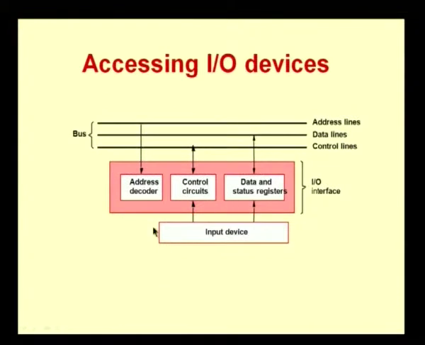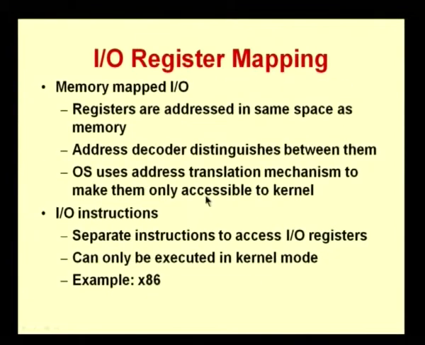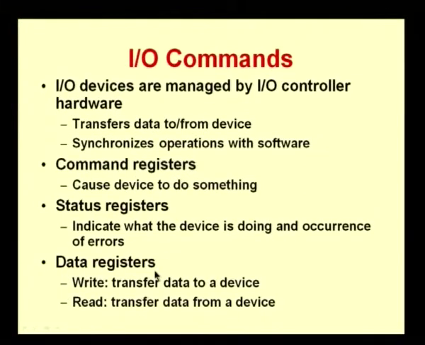So, you can see that you will have this address decoder for doing the decoding, control circuits which will take care of handling the different commands, and of course, these data, command and status registers which will handle the interface between the devices and the processor. Now the question is, how do I address these registers?